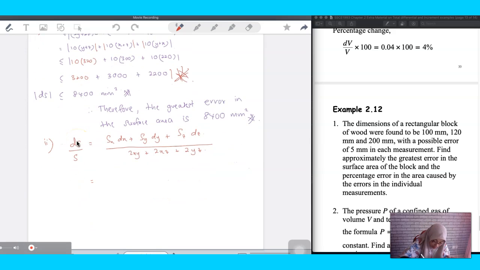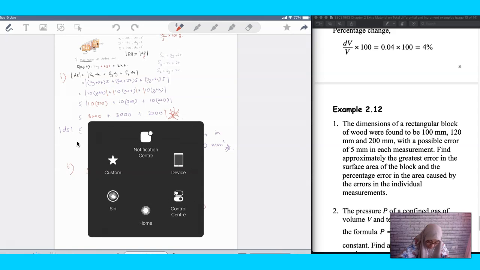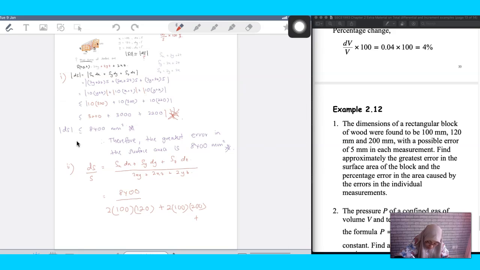So you have 8400 divided by 2xy, where xy is 120 times 200, plus 2xz, 100 times 200, plus 2yz, 120 times 200.